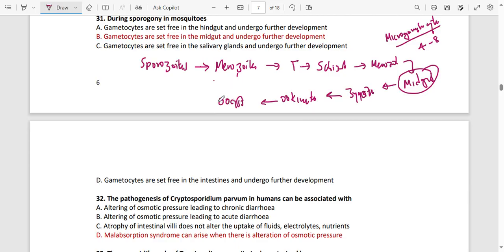So what it will do is that it will now go to the salivary gland of the mosquito, and rupture to release the sporozoites. So sporozoites are now in the salivary gland of the mosquito. If it bites another human being, they are released into the human. So during sporogony in the mosquito, gametocytes are set free in the midgut and undergo further development. It's midgut. That's an important word here that I'm mentioning.